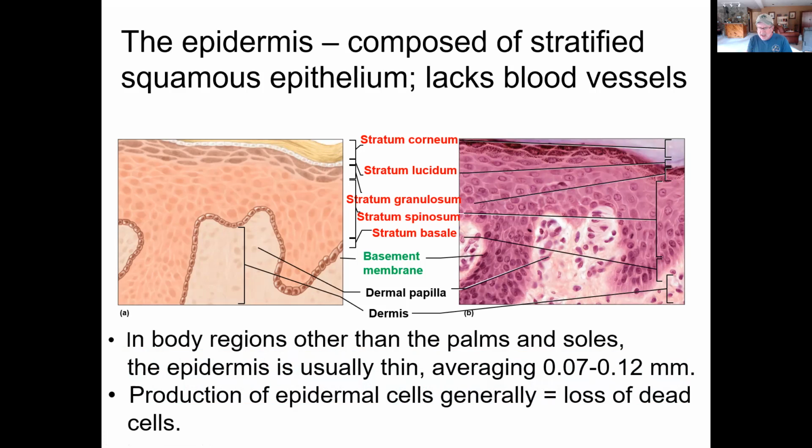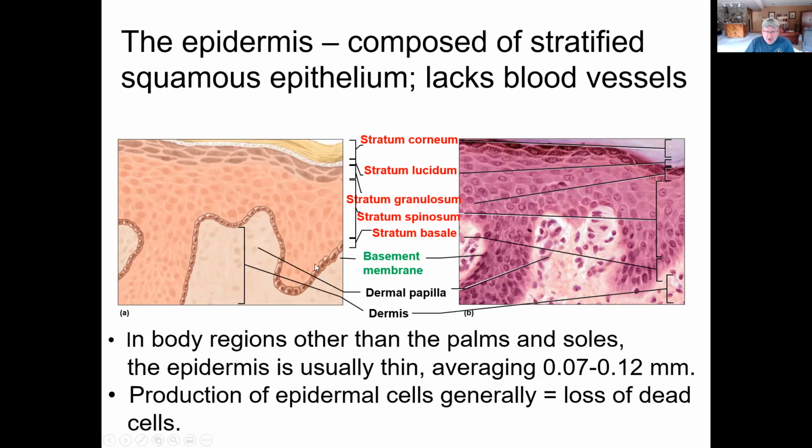There are 10 millimeters, remember, in a centimeter. So a centimeter is only about yay big. It's really small. And we got 10 subunits, those are millimeters. I'm suggesting that we take 1/10 of one of those millimeters to define the average thickness of the epidermis. So it is amazingly thin.